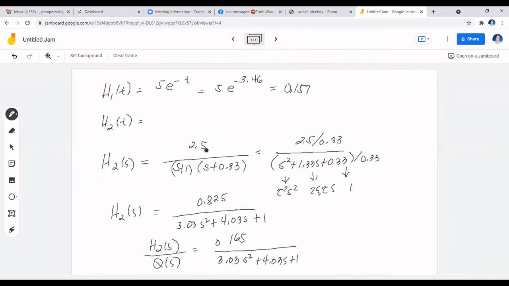This is 2.5. Yes. Oh, miss, 2.5 divided by 0.33. Yes, the 0.825 is already multiplied by 5, sorry. 2.5 divided by 0.33. I thank you, Eugene. So this is 7.57. Okay.